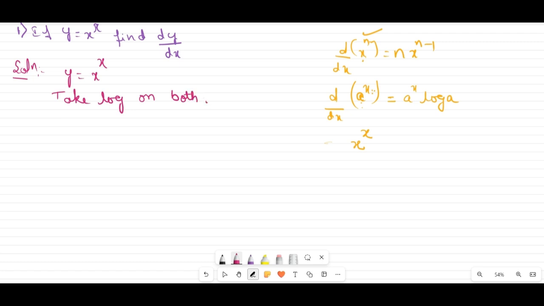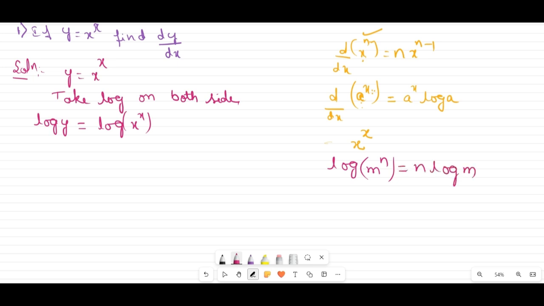If you take log on both sides, the left hand side becomes log y, and log y is equal to log of x to the power of x. You know one property in logarithms: log of m power n is n log m.